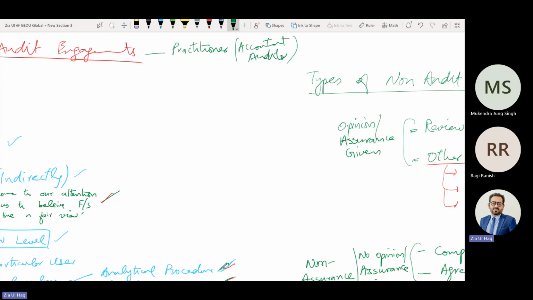Might be he has completed his experience, but is left with one paper of ACCA from the last 10 years. Or might be he has completed 13 papers of ACCA, but hasn't completed the PER to become a member. So audit, only auditor can perform, only auditor can sign audit report. But non-audit engagement can be performed by the practitioner, meaning accountant or auditor.